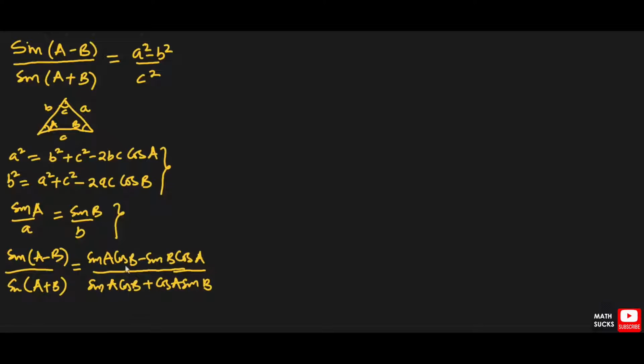So now what we have to ask ourselves is this. From what you can see above, when you are using the cosine rule, we can get cos A and cos B, and we see that this is cos A and this is cos B. So that means we can make a substitution.